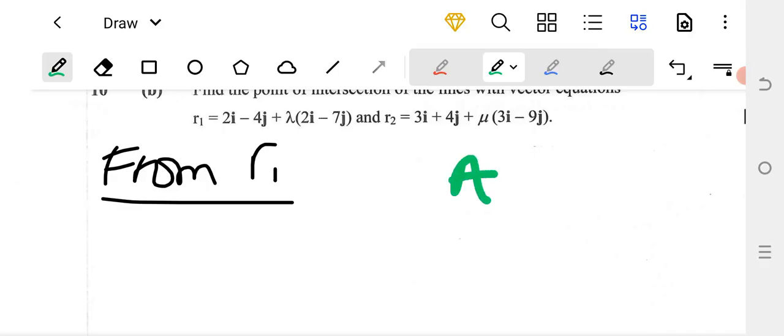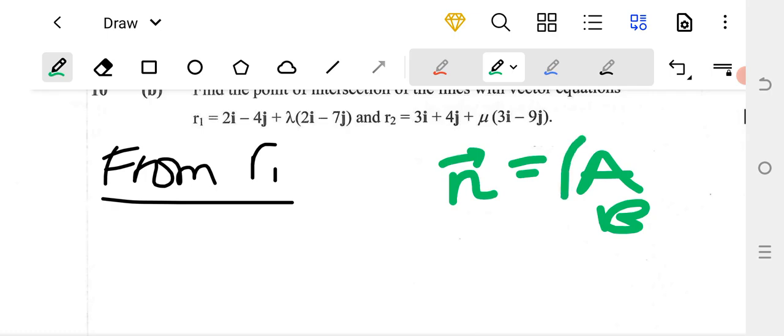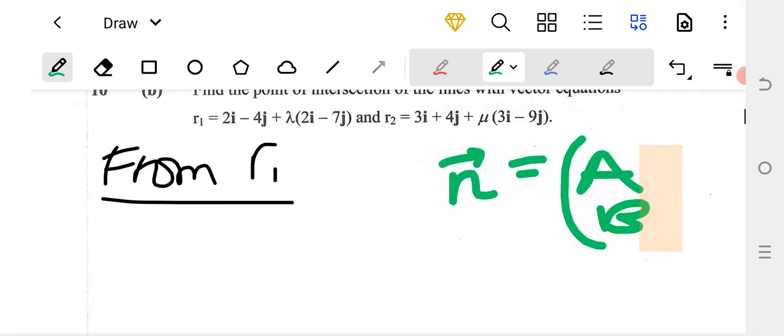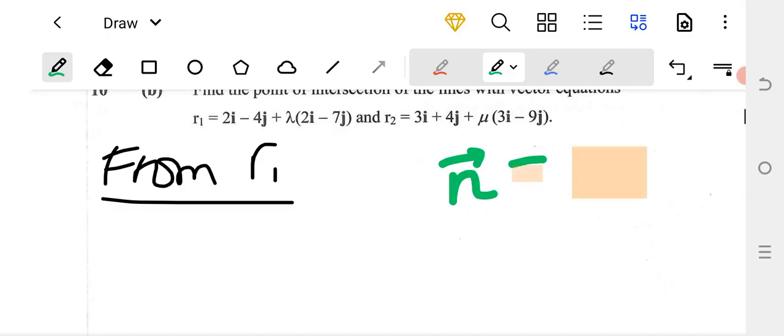The normal vector n, which is equal to (a, b), represents the coefficient of the scalar equation ax plus by plus c is equal to 0. And that's what you have to know.